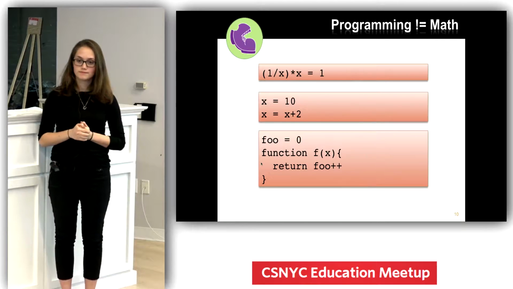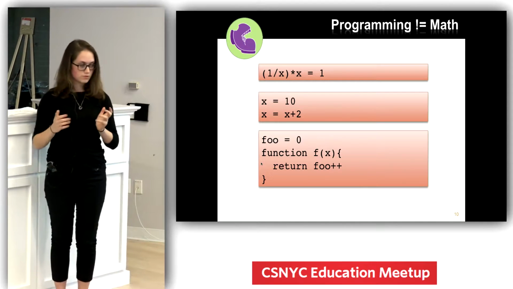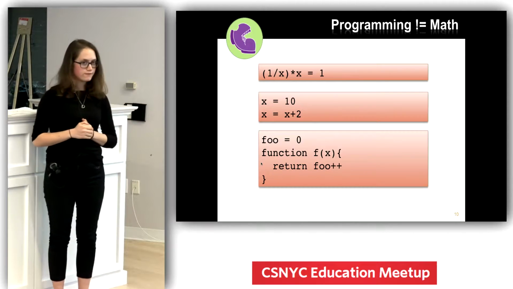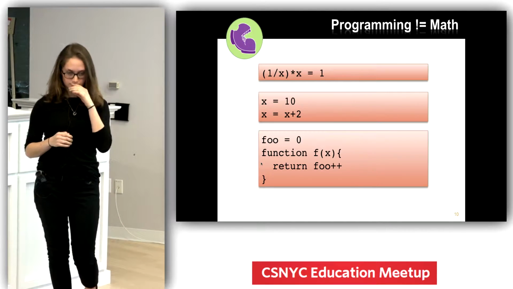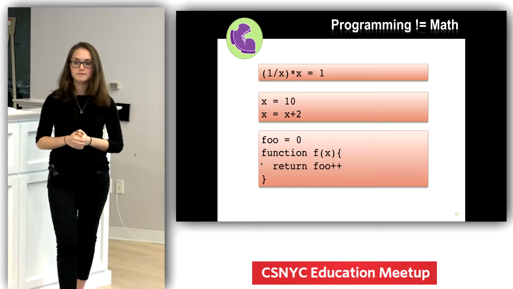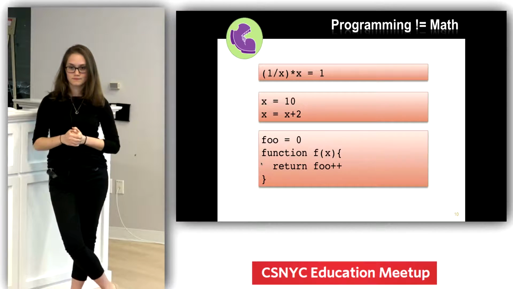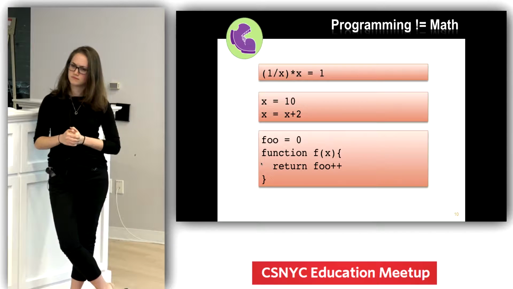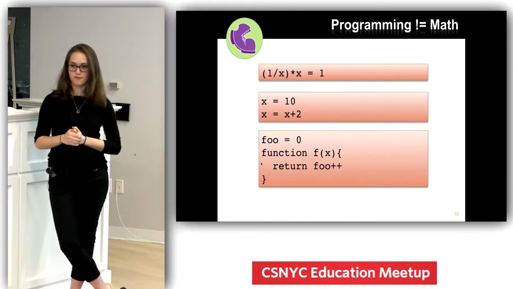F of 1, increment? 2. So far so good. F of 2, increment? 3. Fantastic. How about f of 2 again? 4. How about f of 2 again? 5. Okay, so programmatically this is totally fine, right?